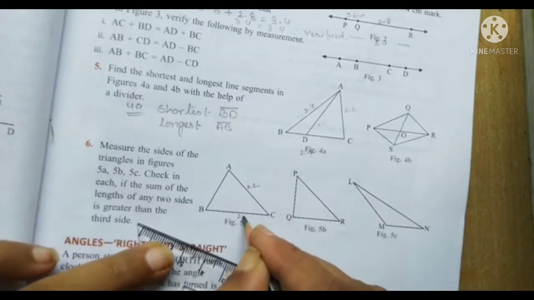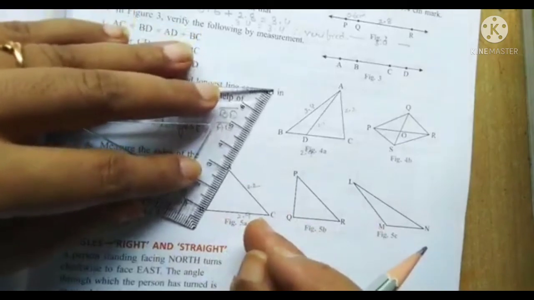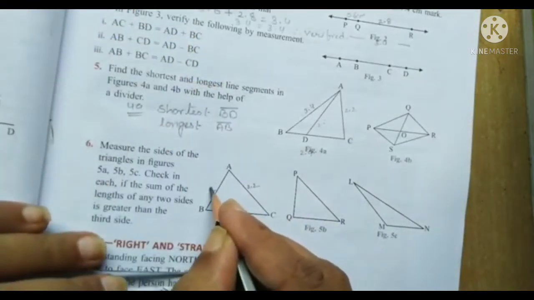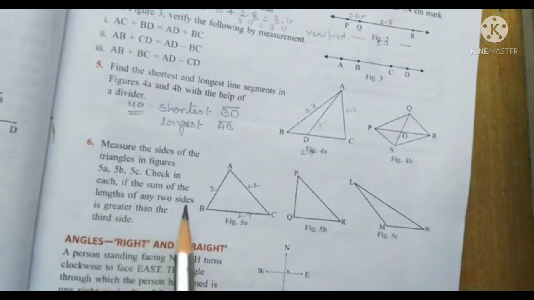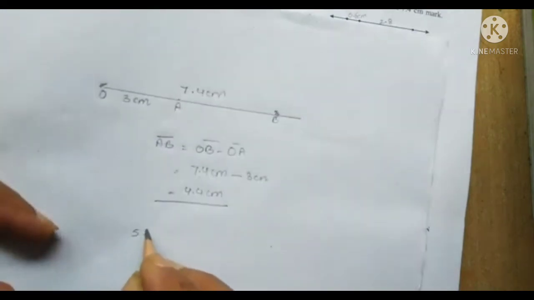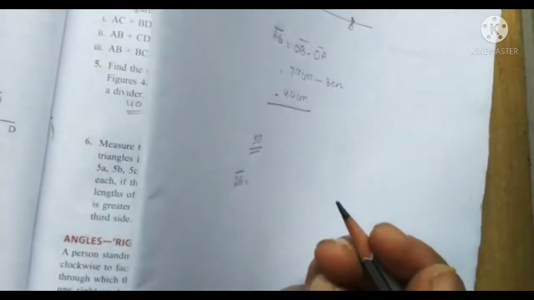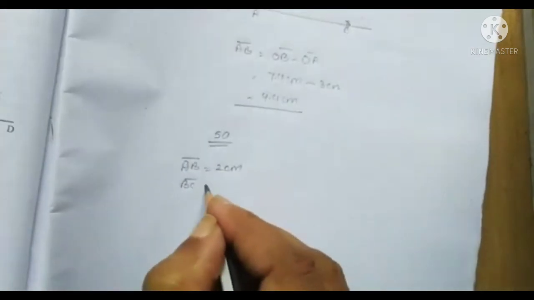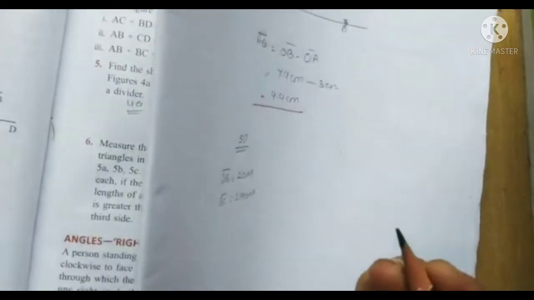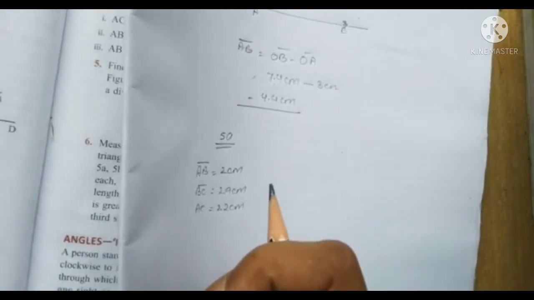It's 2.9. And it's 2. In figure 5a, AB equals 2 centimeters, BC equals 2.9 centimeters, AC equals 2.2 centimeters.